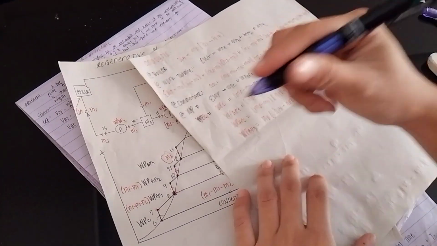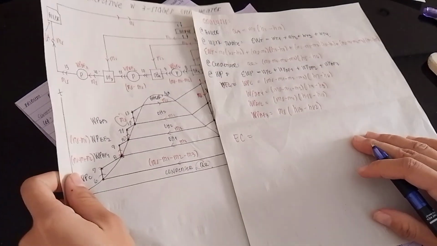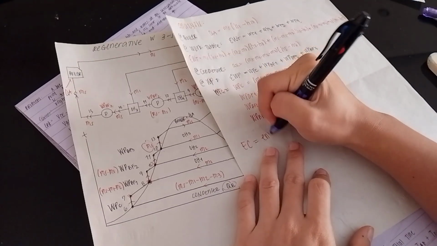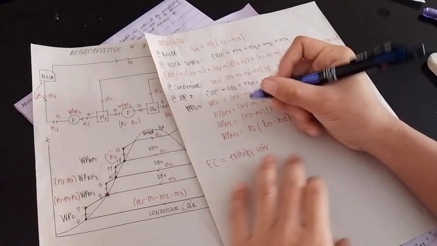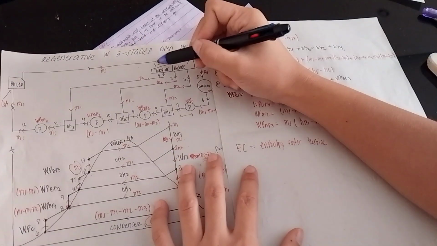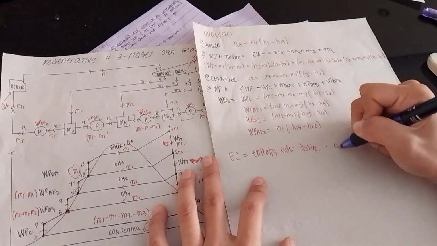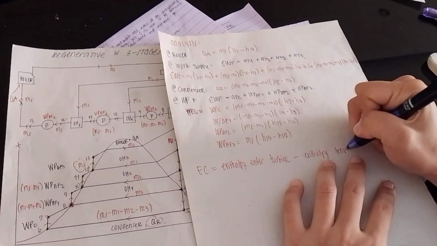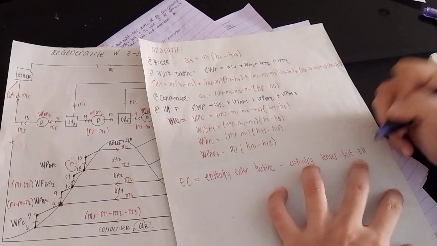Next sa atong EC, energy chargeable. So same ra gyapon sa first stage nato, which is the enthalpy nga ni-enter sa turbine minus sa enthalpy nga migawas sa last nga open heater.